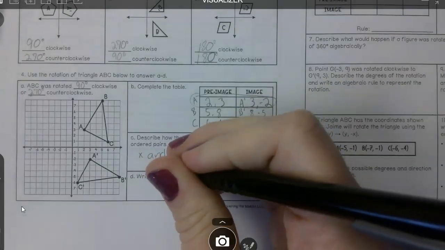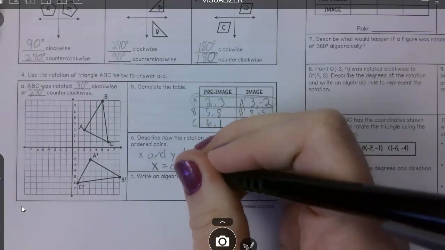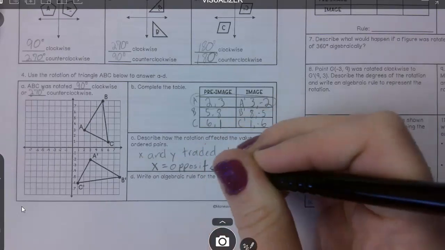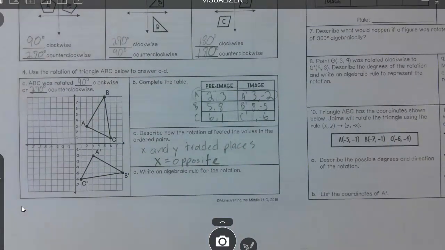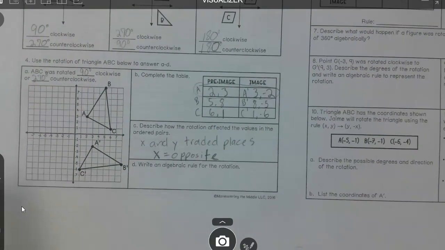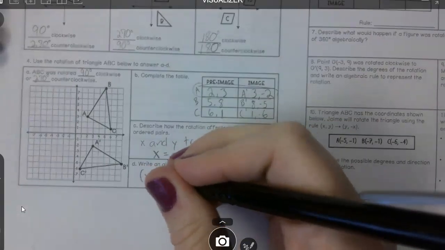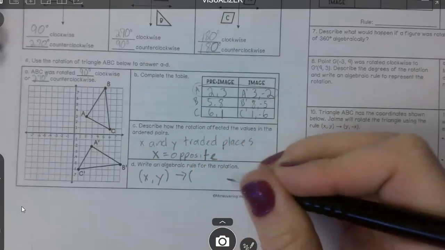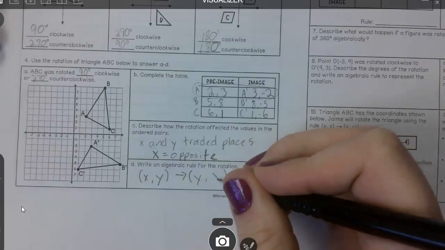Okay, so I'm going to write that down. The X value is opposite. I know I'm not writing in full sentences. I'm kind of writing in notes shorthand. All right, so that's words. What happened? Now, how would we write that algebraically? You may remember this from yesterday, but what we would do is we would take X and Y, and we would show that they traded places by actually putting them in backwards, (Y, X).